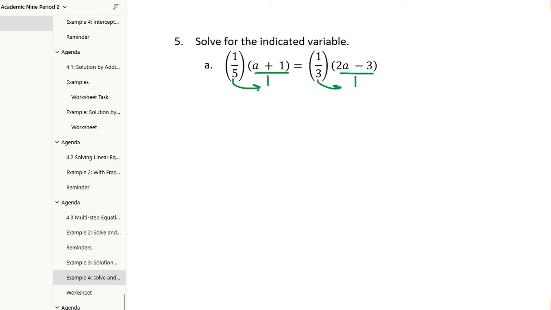So once you're able to deal with that, then life becomes easy, because what you can do is cross multiply and you should get your answer, where a will be equal to 18 over 7.